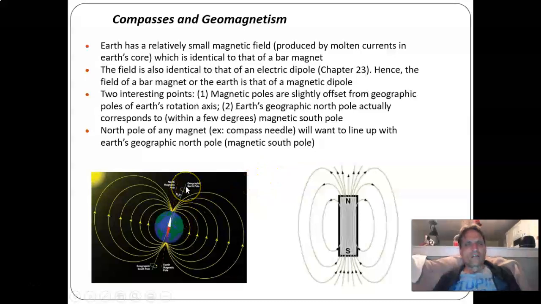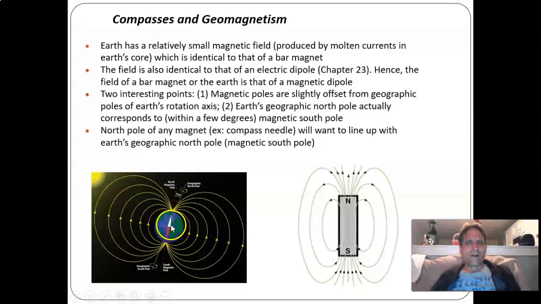Here's the Earth's geographic North Pole, and here's the geographic South Pole, and along this line is the axis of rotation. However, the magnetic poles are about 11 degrees off from the geographic poles.